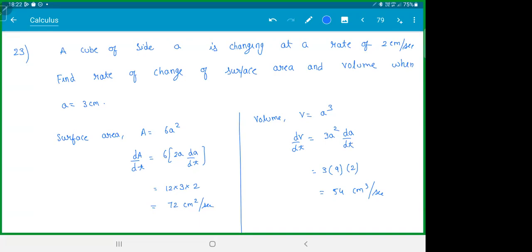Next one. The rate of change of volume of a sphere is 10 centimeter cube per second when r is 1 centimeter.